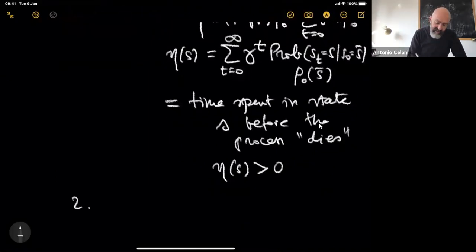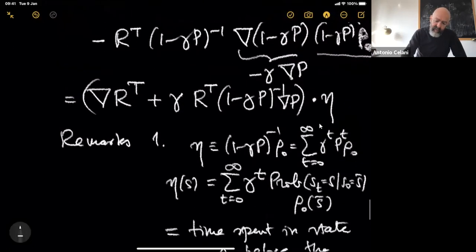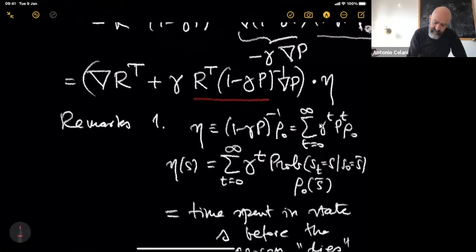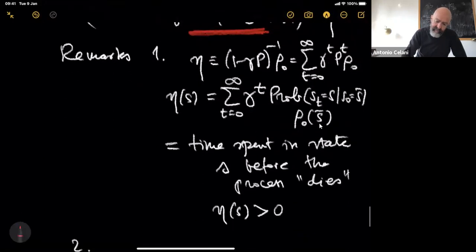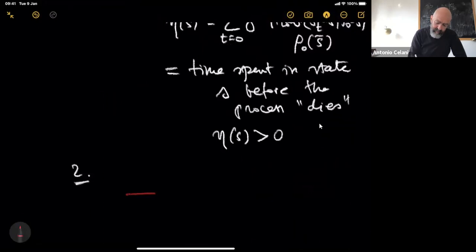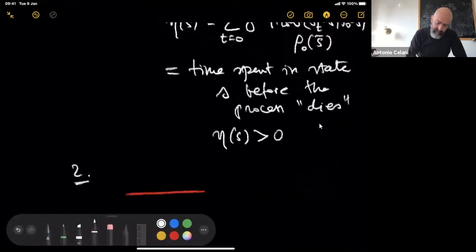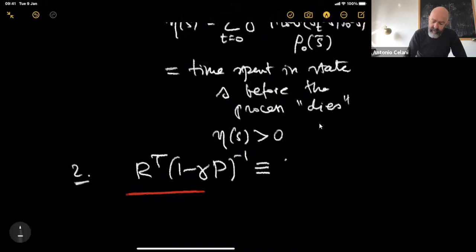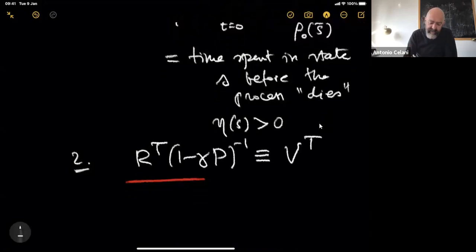The second remark, which is very important, is that when we look at this term here in red, let's say we call it capital V. Well, the important thing is that this is the value.